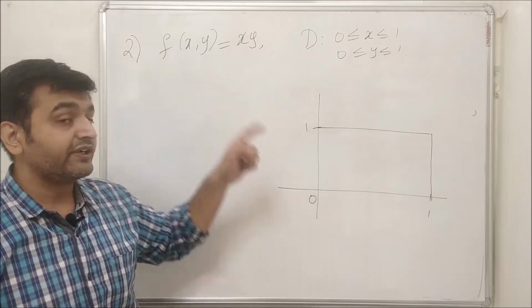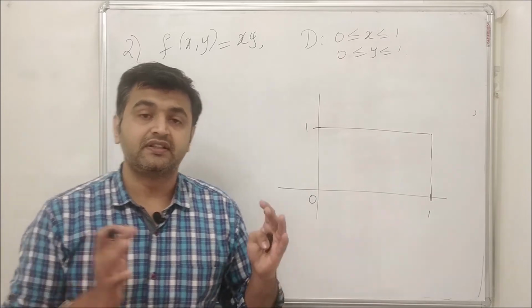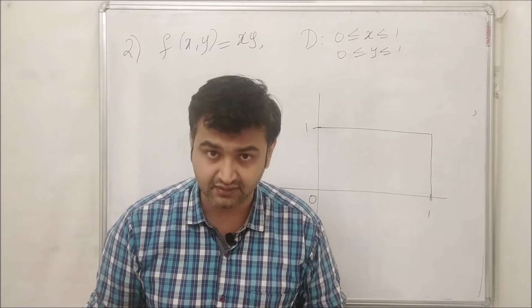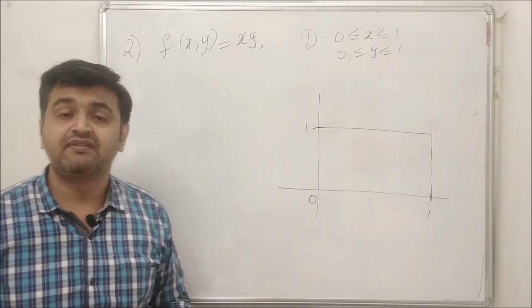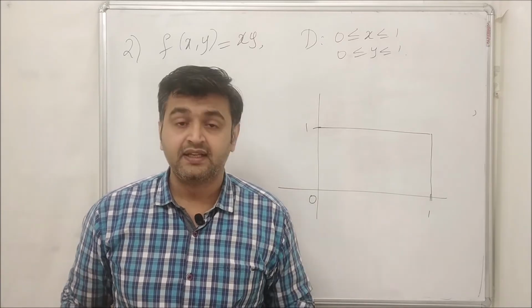Now see, whenever you have a continuous function, there is a theorem that the Riemann integration, or you can say integration, of that function always exists. So now here, since the function is continuous, therefore its double integration will exist. Okay, good. Now since the integration exists, there is a theorem.